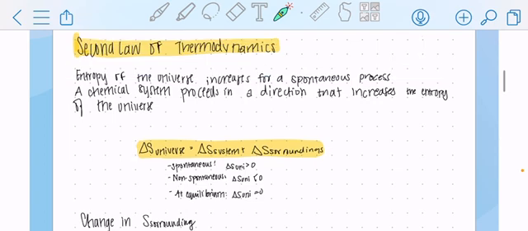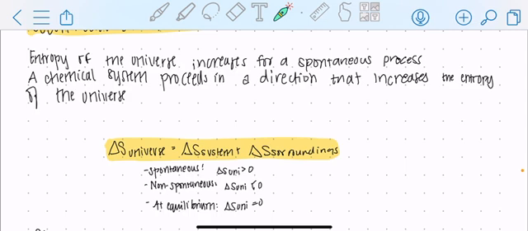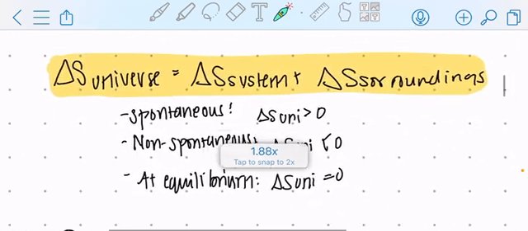Second law of thermodynamics. The second law of thermodynamics is that the entropy of the universe increases for a spontaneous process, and a chemical system proceeds in a direction that increases the entropy of the universe. Here's an equation to describe the entropy of the system, of the surroundings, and of the universe.